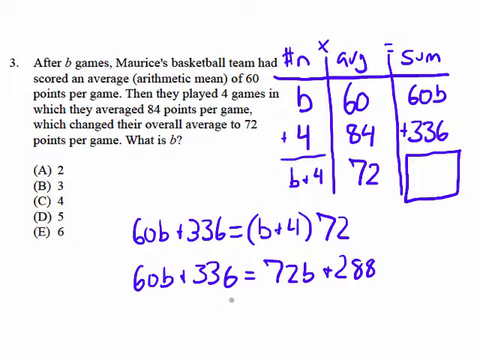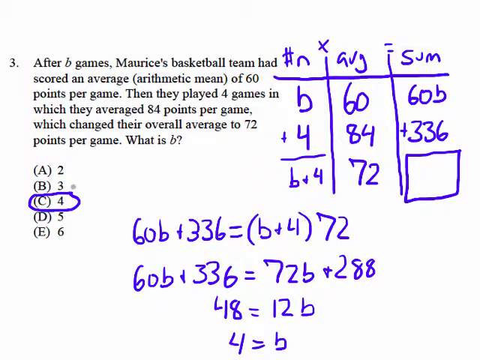So 336 minus 288 is going to be 48. And 72B minus 60B is going to be 12B. Okay. Well, to find B then, all we need to do is divide 48 by 12, and that's 4. So 4 equals B.